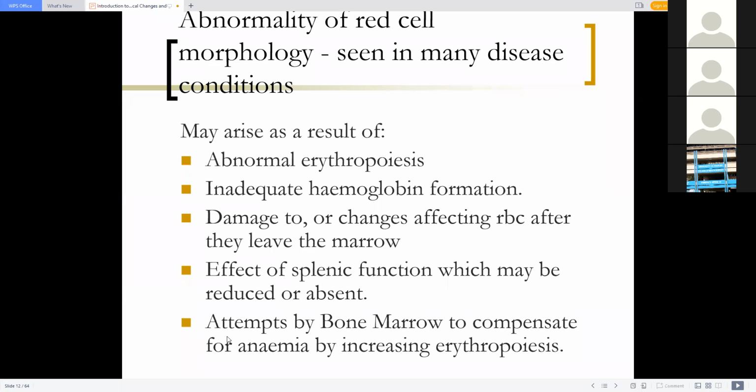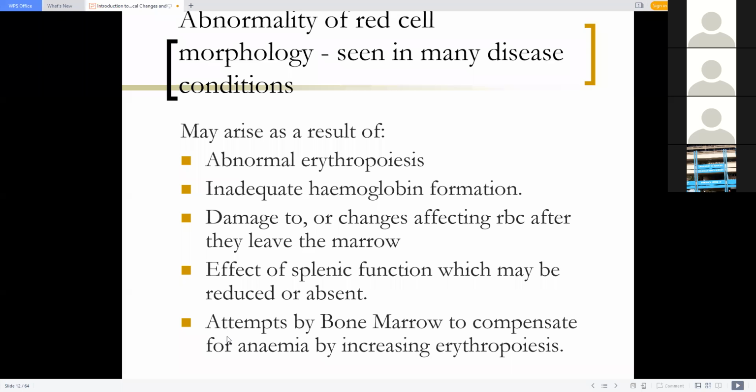For example, if you have a deficiency of iron, and in your subsequent lectures, you're going to talk about causes of microcytic red cells, causes of macrocytic red cells. You're going to go through that. So, for example, if you have a deficiency of iron, and you know the value of iron in hemoglobin synthesis, you know that iron is vital in the formation of hemoglobin.